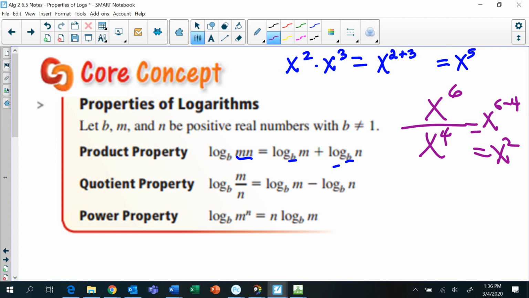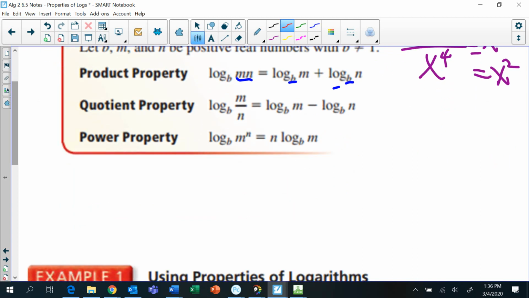And then the power property would be, kind of, I mean, the stuff with powers. It says log base b m to the n equals.